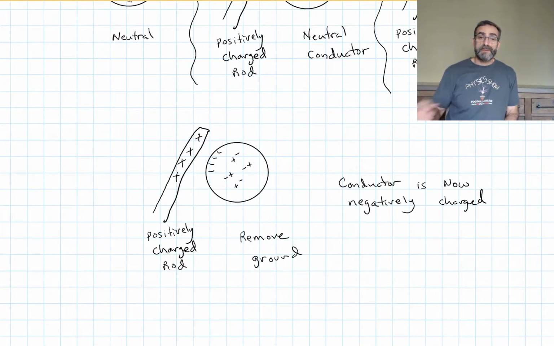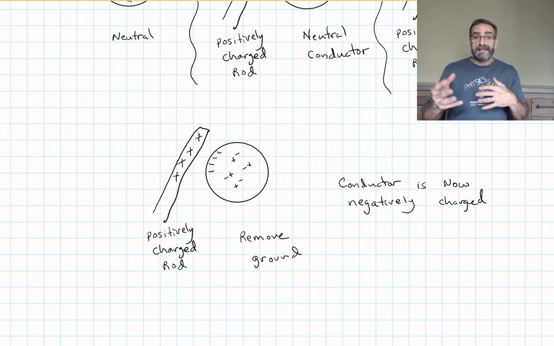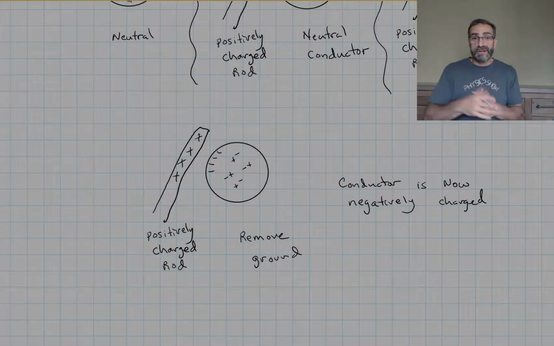So when we remove the ground, the conductor now has excess negative charges, and it's a charged object. So this is called charging by induction. We can induce a charge separation, ground the object and allow some of the charges to leave or charges to enter, and end up with a charged object.